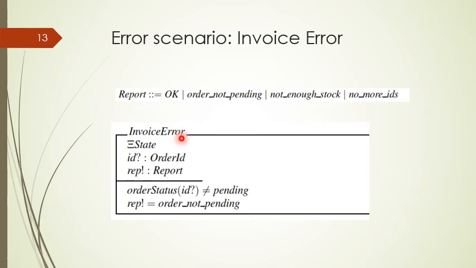Because an error scenario would not change the system state, therefore xi decoration appears in the schema in front of the name of the system state schema, and we have id as an input variable, and response with the decoration is an output variable of type report.